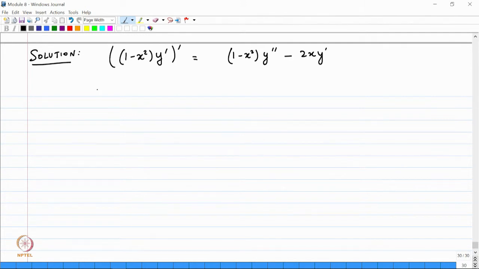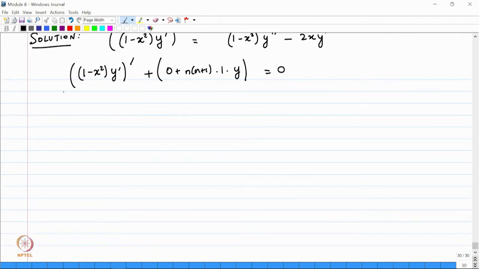So I can write the Legendre differential equation as (1 minus x squared) y prime, the whole prime, plus 0, plus n(n plus 1) times 1 times y equal to 0. So this is a Sturm-Liouville problem. p of x is equal to 1 minus x squared, q of x equal to 0, r of x equal to 1, lambda equal to n(n plus 1).